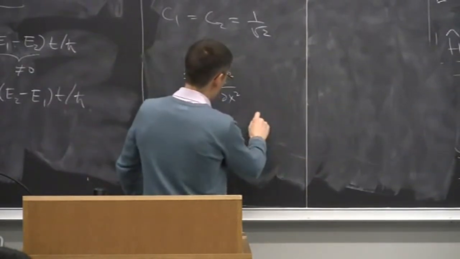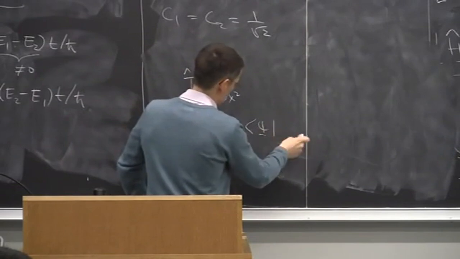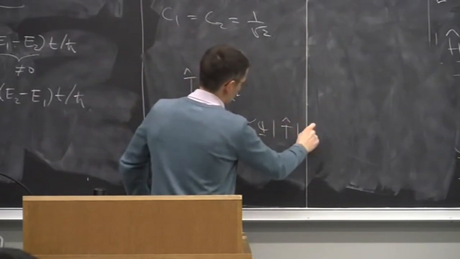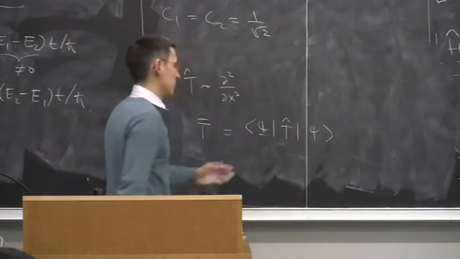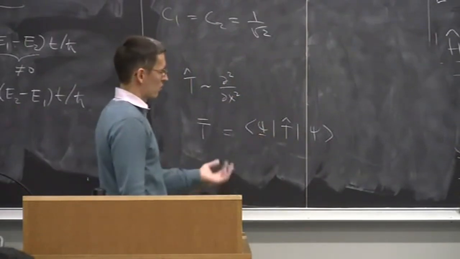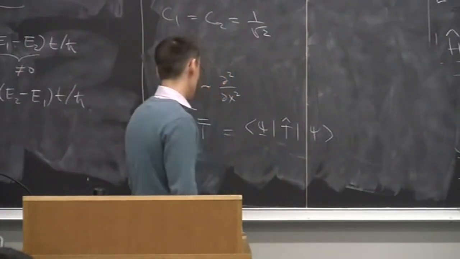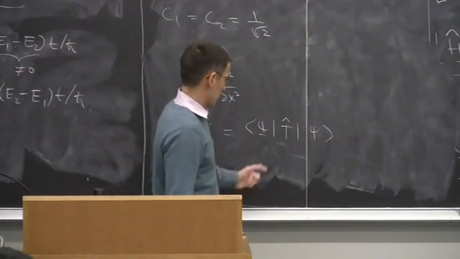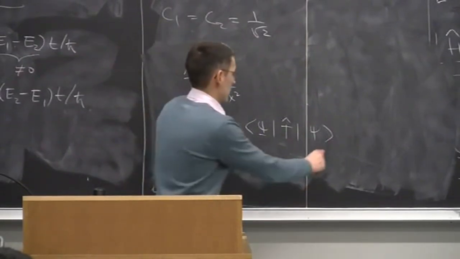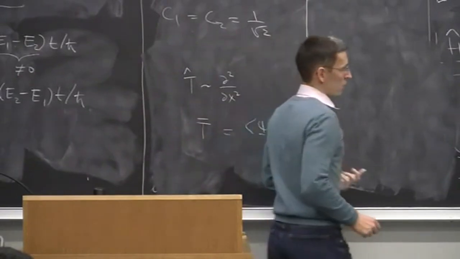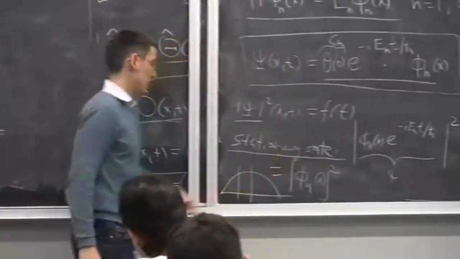So then we talked about this. You can do psi, T, psi. Presumably psi is normalized already, so you don't need to divide by the product of psi's in the denominator, right? So then what will this be for the stationary state?